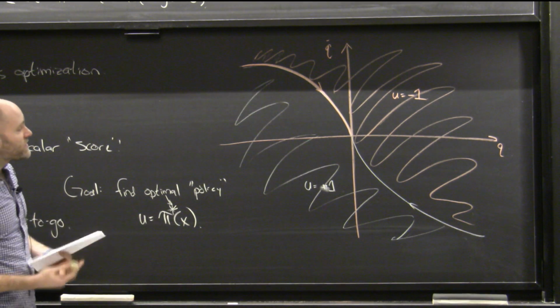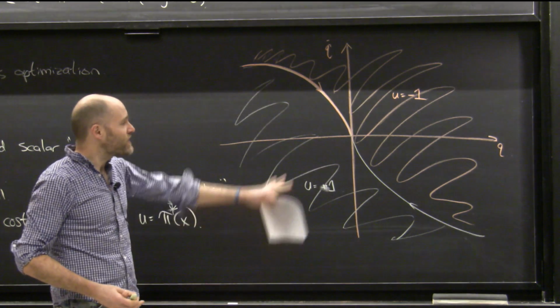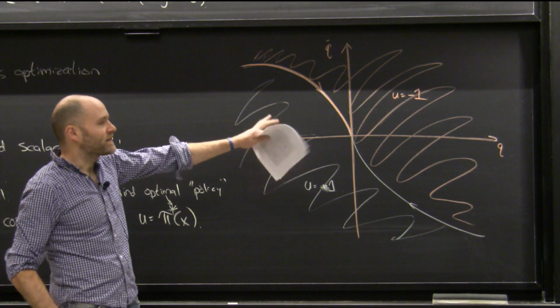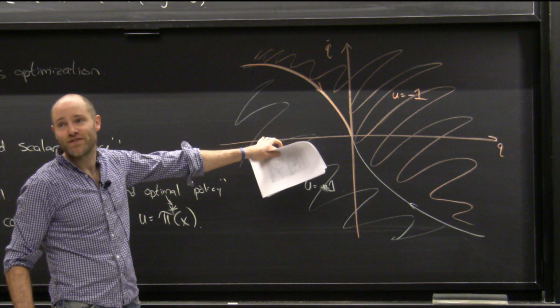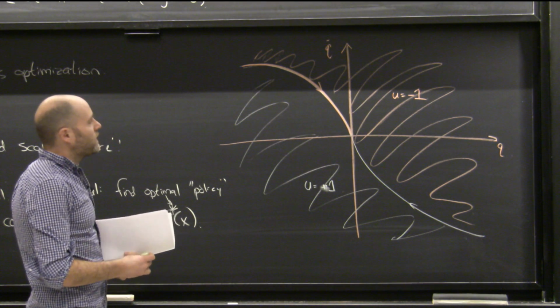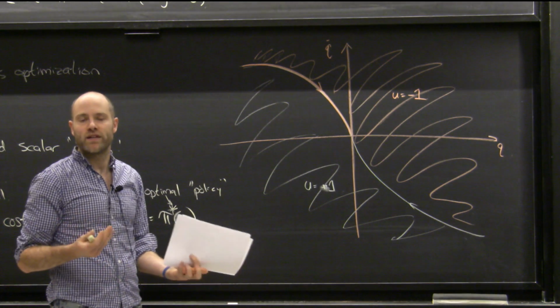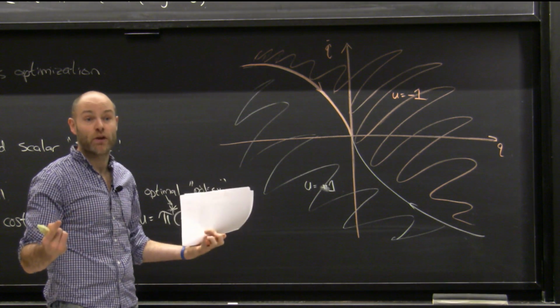So the challenge is, how do I write an algorithm that would have discovered that? And it turns out that graph search is actually a pretty good place to start, okay? So why is that? Any minimum time problems are actually closely related to the shortest distance problem on a graph.